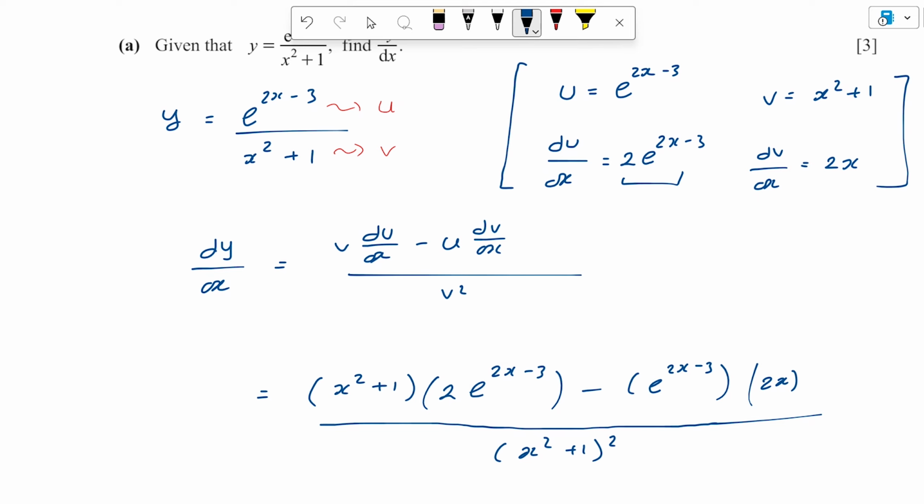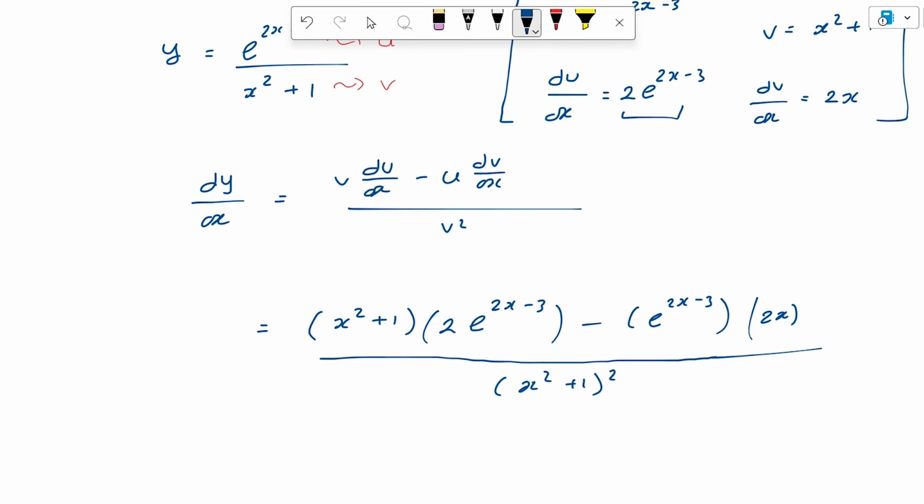Okay, so now we can distribute the brackets, which is going to give us, let's say, we can't do anything over here, but we can multiply 2x to the exponent here.